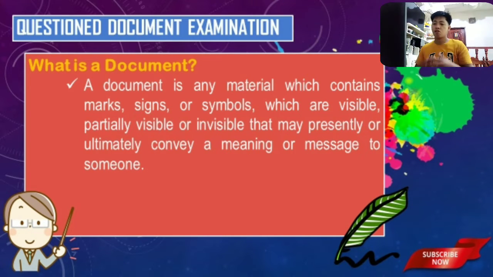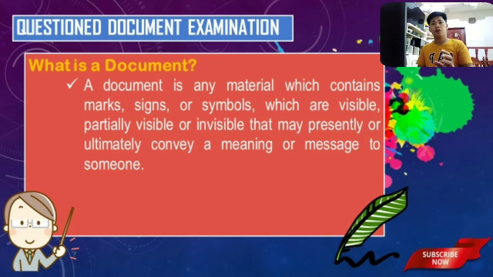So before we answer that, of course, you try to revisit the definition of document. It doesn't mention there specifically that the writing should be put on paper. The term document is not only limited to those writings that are put on a certain paper. It may be any object, because the definition says any material that contains writing.